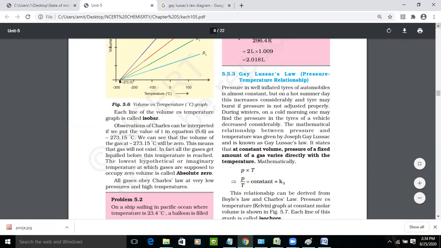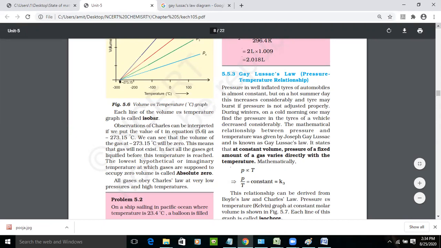When we go to the shop to fill air in our vehicle tires, they measure the gas pressure with an instrument. That pressure varies in winter and summer. Why? Because in the summer season the climate is hot.